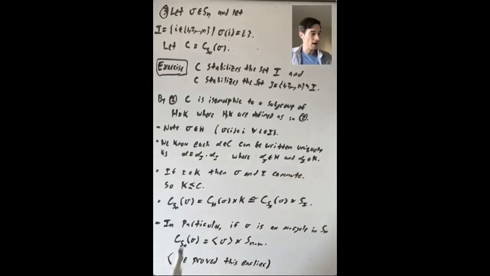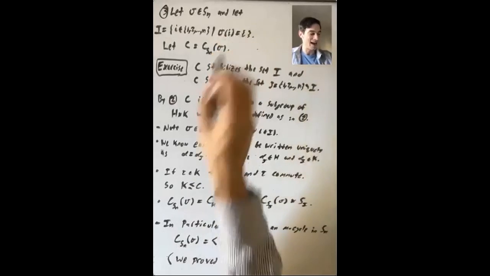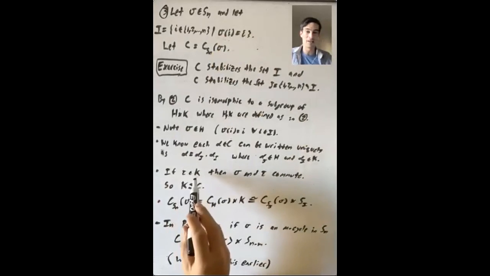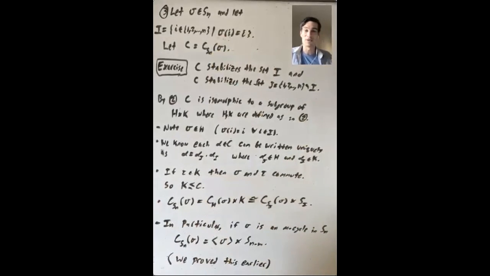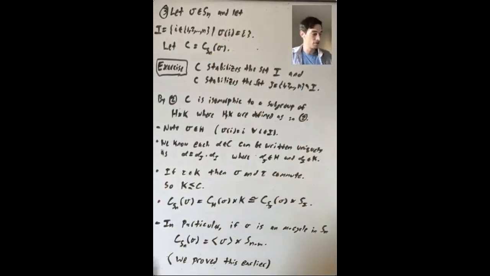Because sigma fixes all of the things that are in I, and it permutes around the things that are not in I. Tau fixes all of the things that are not in I and permutes around the things in I. So the orbits of size bigger than 1 for each of these permutations don't intersect at all. So that means they commute.